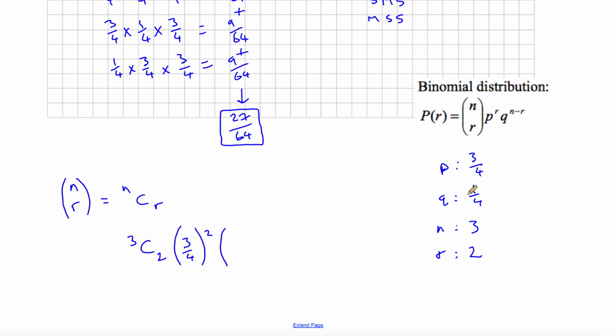So q is the probability of failure, or a miss in our case, 1/4. To the power of n minus r, so that's 3 minus 2. So if you put all of this here into your calculator, exactly as it's written here, and press equals, you end up getting the same answer up here, 27 over 64. So that's 2 ways to do that question.